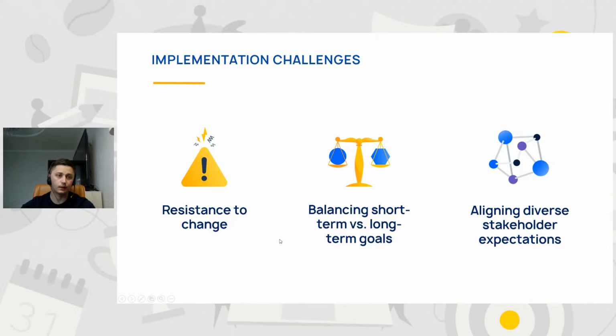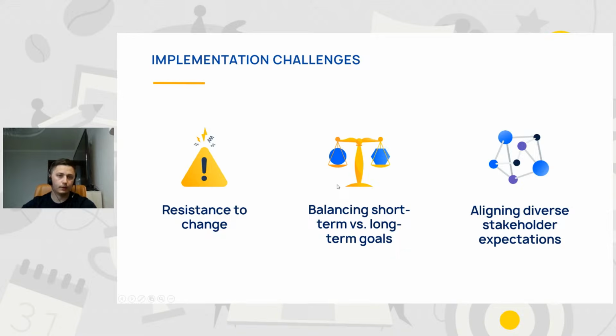That's why you may encounter some resistance to change. That's why when you introduce a product approach, it's vital to have some people who will be supporting. These people should have some sort of entrepreneur mindset and should be open to any sorts of innovations and should be ready to drive the product approach through the whole company from top to bottom.